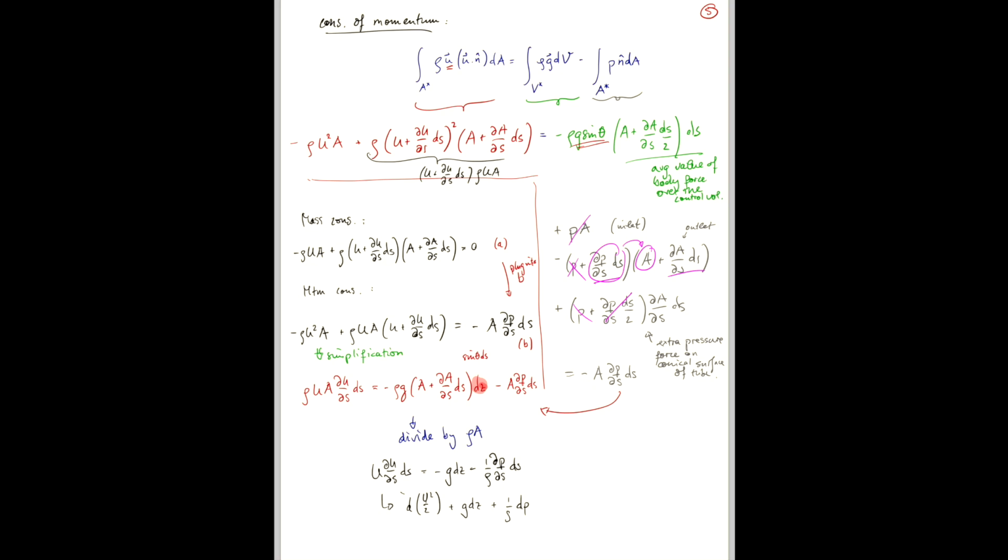And then this will be equal to 0 along a streamline. And so now integrate that whole thing, and what you end up with really is just the Bernoulli equation, u squared over 2 plus gz plus p over rho equals constant along a streamline.